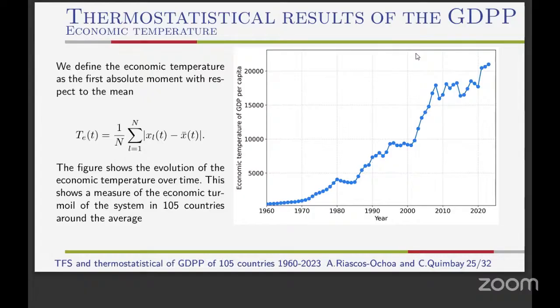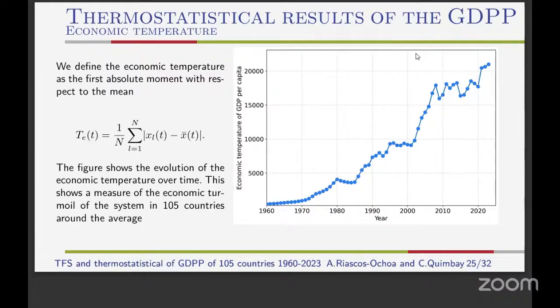Entonces, teniendo eso presente, cuando ya vamos a aplicar esto al sistema econofísico, definiendo la temperatura económica como el primer momento absoluto, como se vio en la presentación anterior, donde él en este caso es el país, uno puede encontrar que la temperatura económica presenta este comportamiento que es muy similar al que vimos con los estadísticos anteriores.